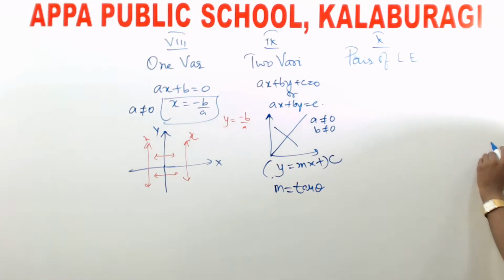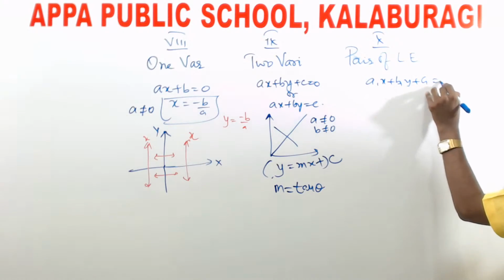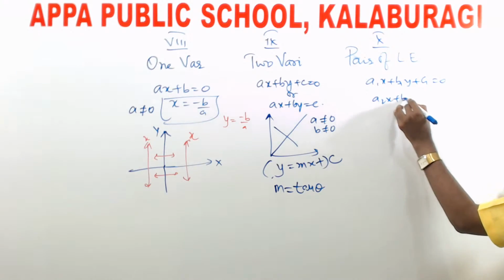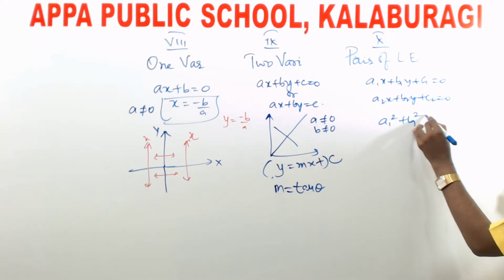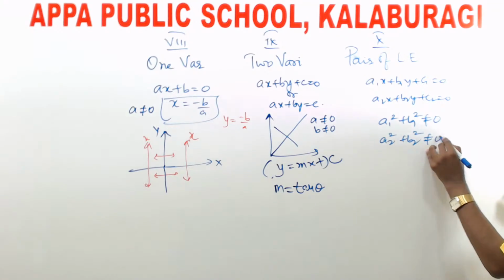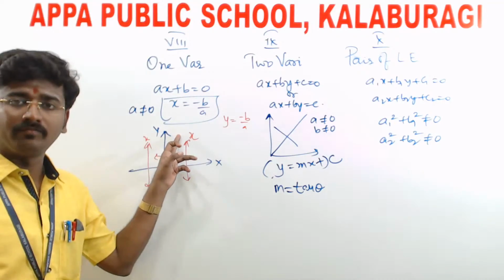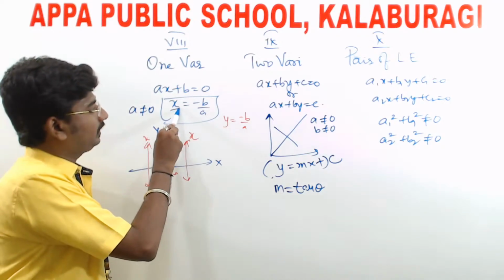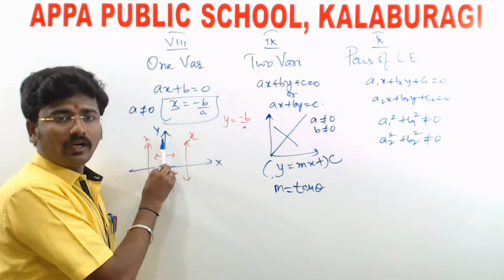And coming to the pair: a1x plus b1y plus c1 equal to 0, a2x plus b2y plus c2 equal to 0, where a1 square plus b1 square should not be equal to 0, and a2 square plus b2 square should not be equal to 0. Here we have predicted clearly that if there is a value of x, it would be parallel to the y axis.